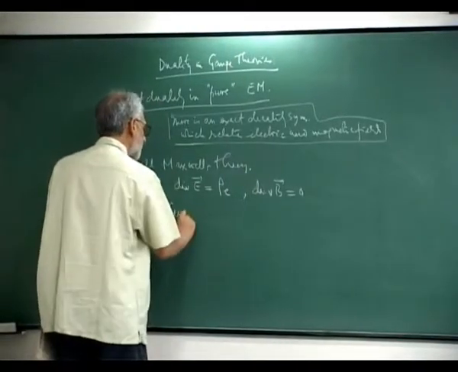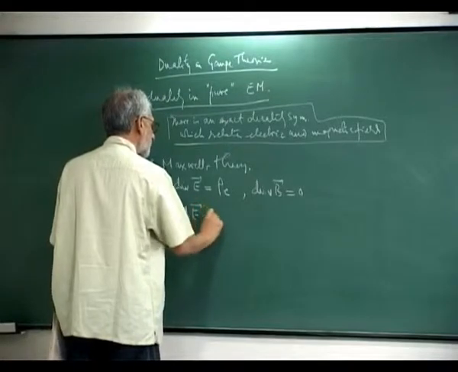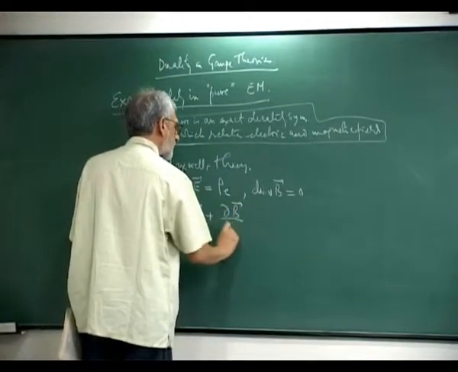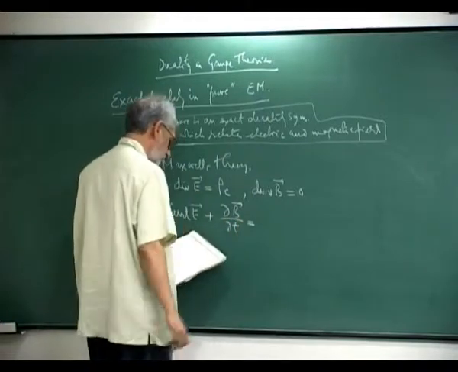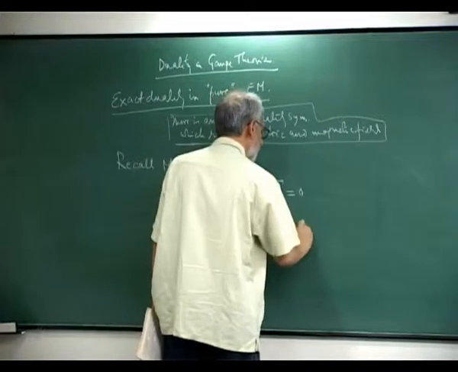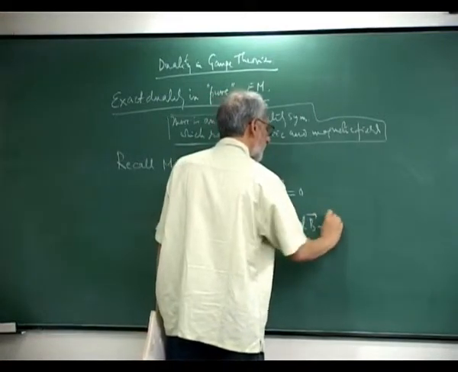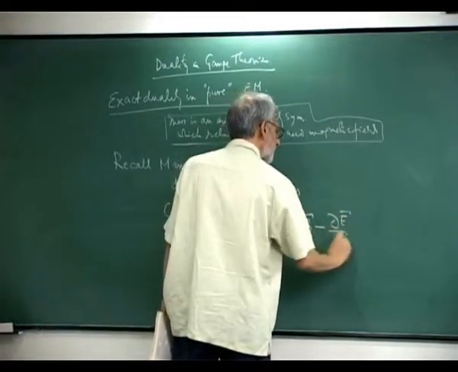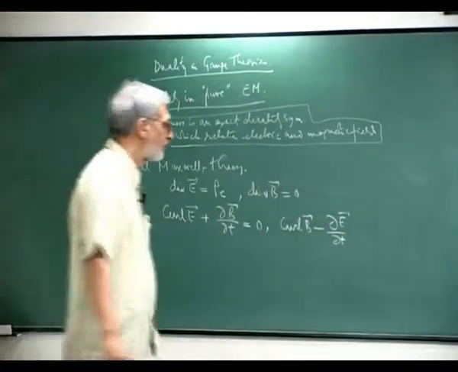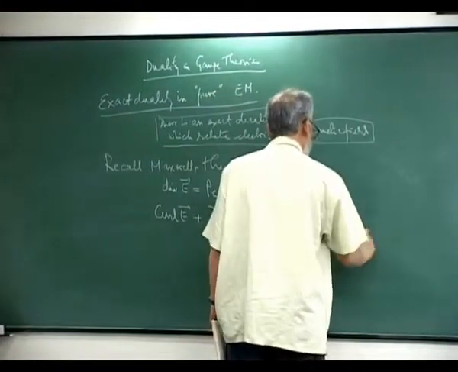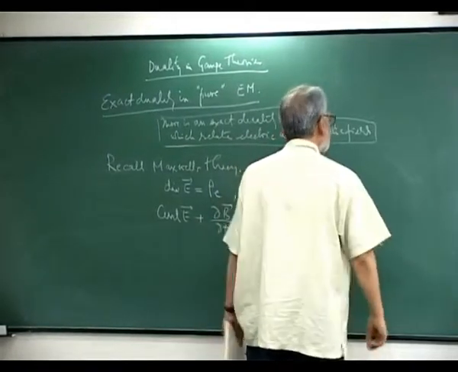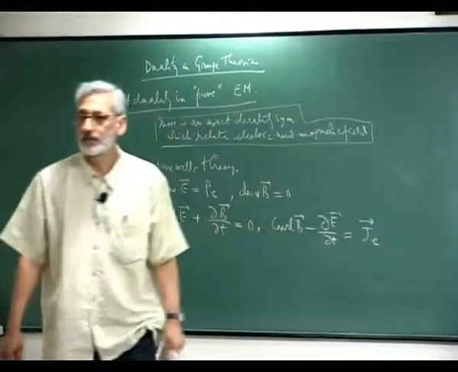And curl of electric field plus rate of change of magnetic field with time is 0, and curl of magnetic field minus rate of change of electric field with time is the electric current. This is the standard Maxwell's theory.